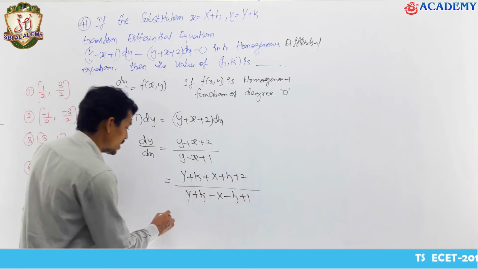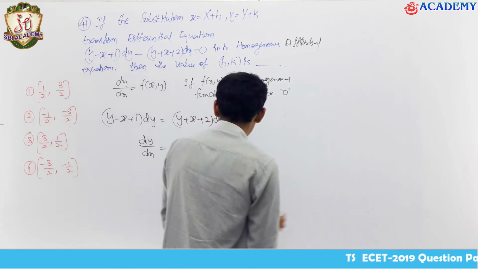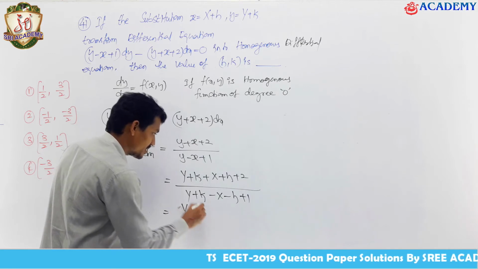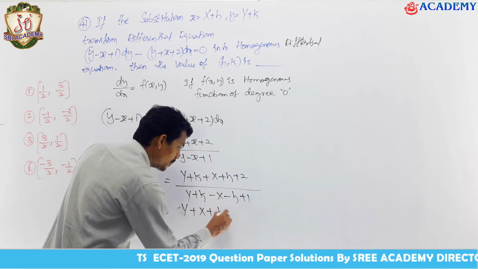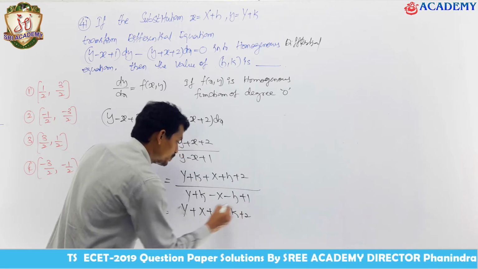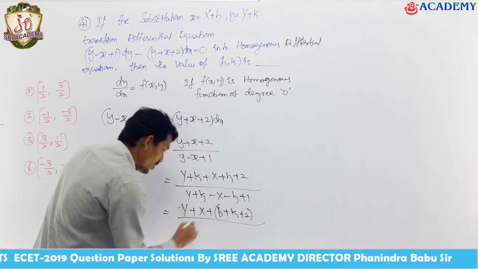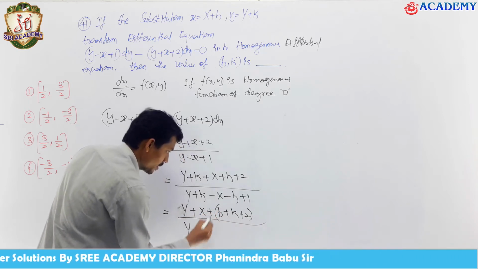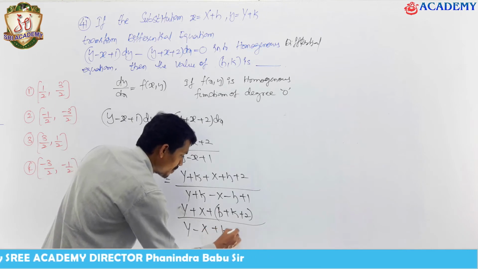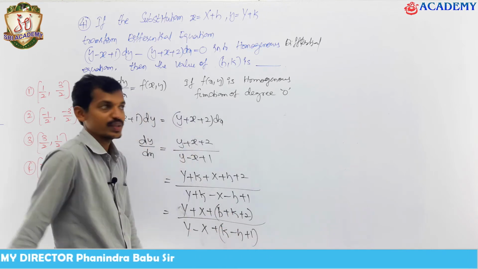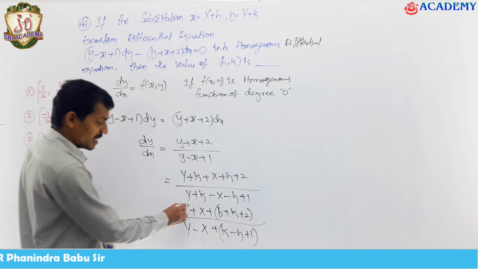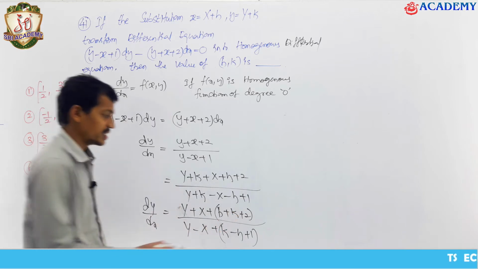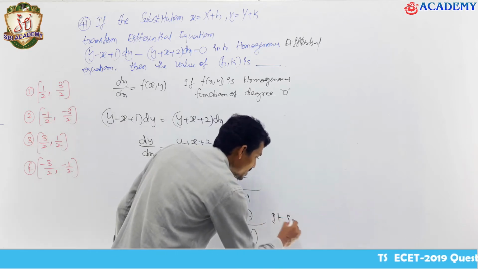I am writing this here as: capital Y plus capital X plus h plus k plus 2, divided by capital Y minus capital X plus k minus h plus 1. To say a homogeneous function, the degree of these two values, after substituting these values, this is going to be homogeneous. Now it is homogeneous.